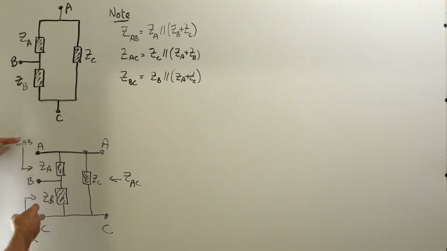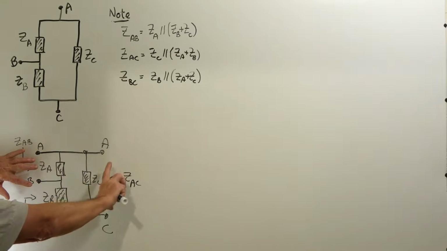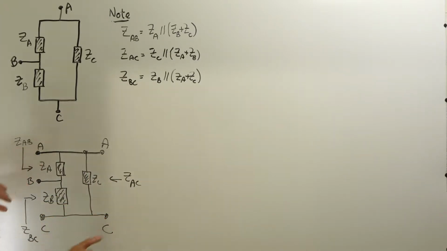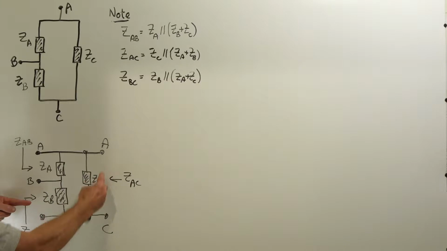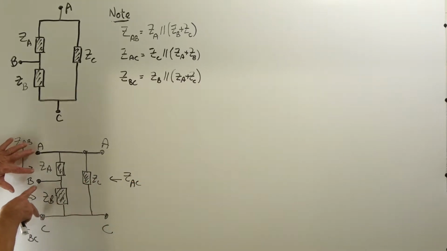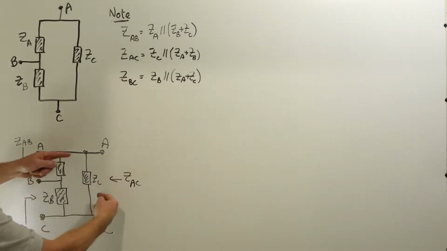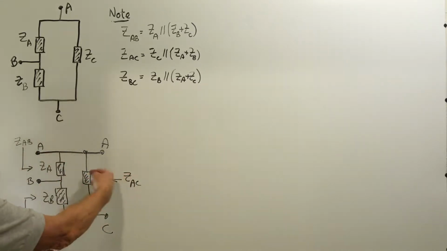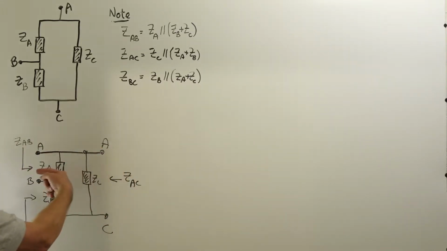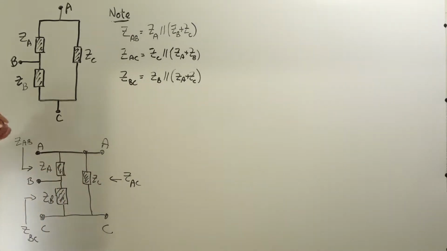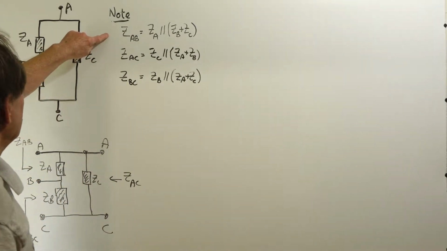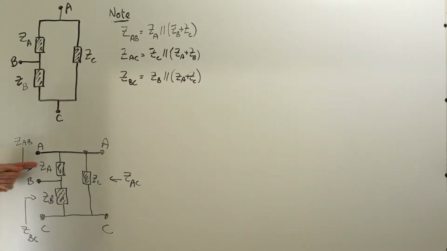So we can measure the impedance between nodes A and B with A and C open circuited, and then I could measure the impedance looking into nodes B and C with this also open circuited, and then with these two open circuited I can look in and measure the impedance looking into nodes A and C back into the network.